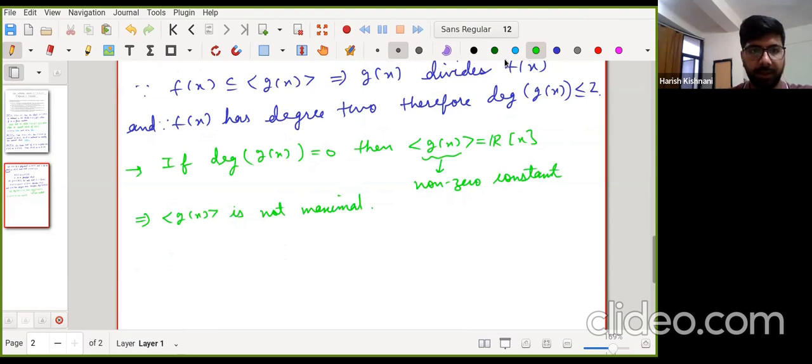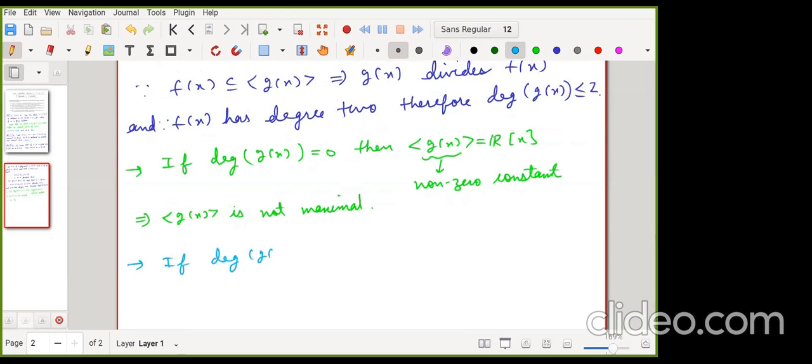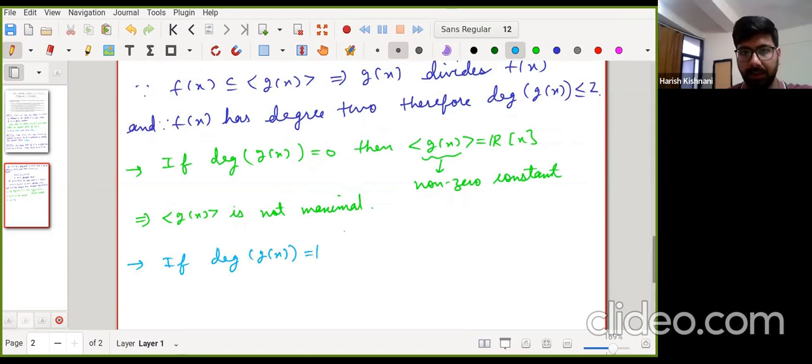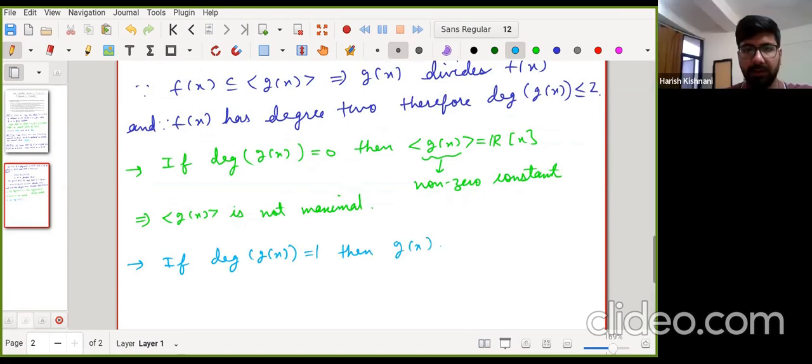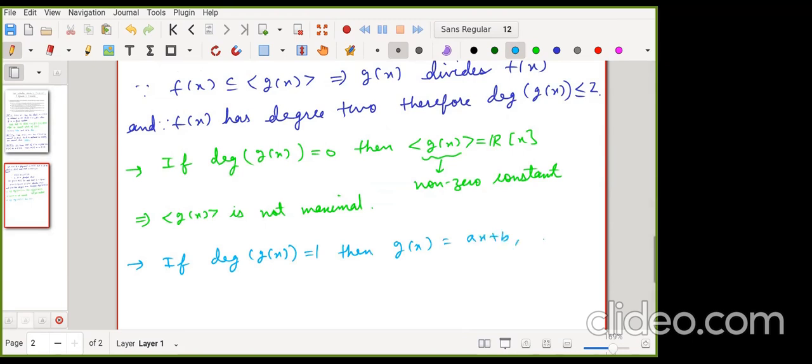The second case is when the degree of g(x) is equal to 1, then g(x) is equal to say x plus b, where a, b are from the ring.